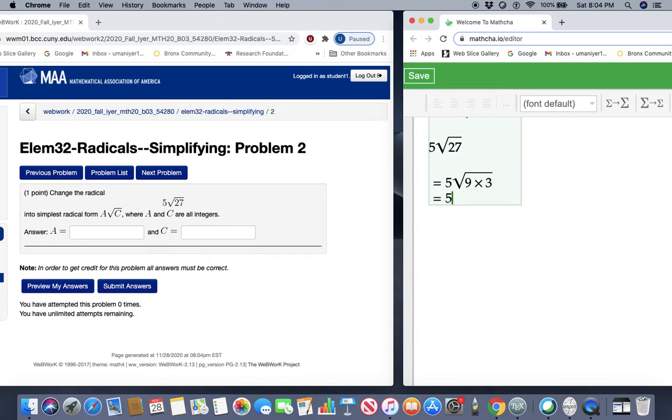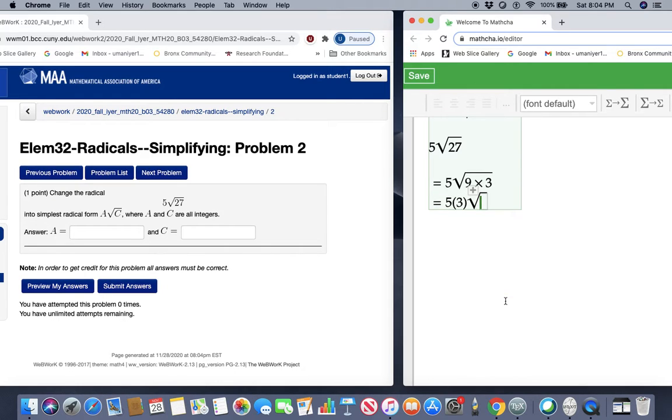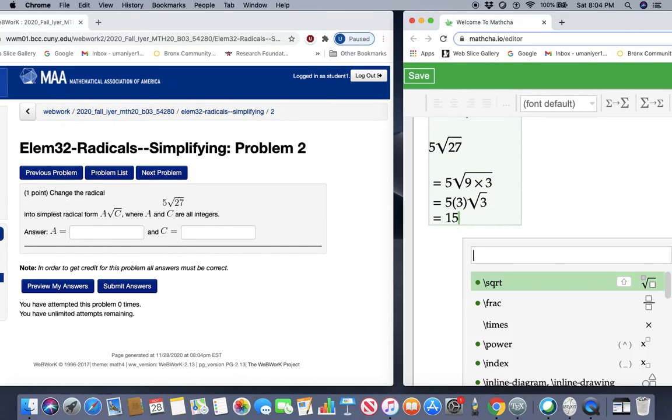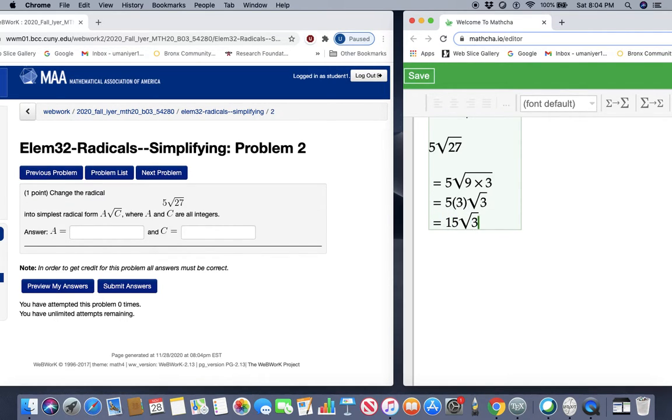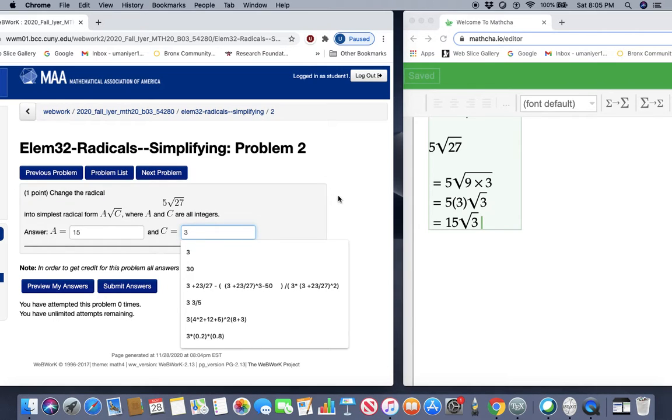So that gets me 5 times square root 9, which is 3, and square root 3 I cannot improve. So this becomes 5 times 3 is 15, and square root 3 remains square root 3. So A, that's the outer number, is 15. And C, that's the radicand or the number inside, is 3.